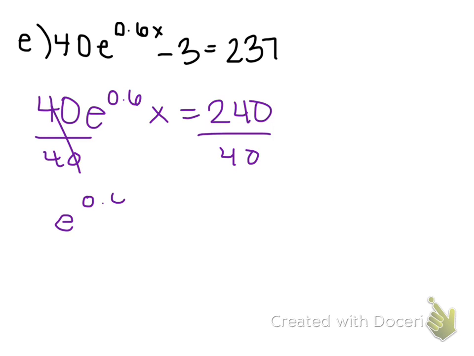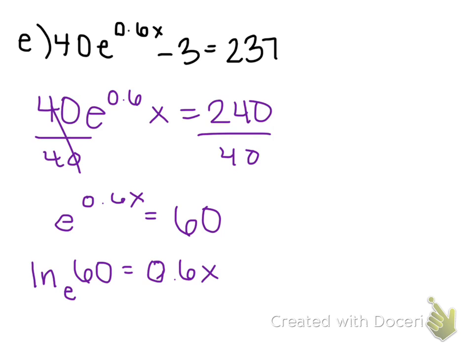So e to the 0.6x equals 60. And now there's nothing else I can do. 60 can never have a base of e. So I put it in log form, but because it's an e, we're going to use natural log. So natural log base e of 60 equals 0.6x.